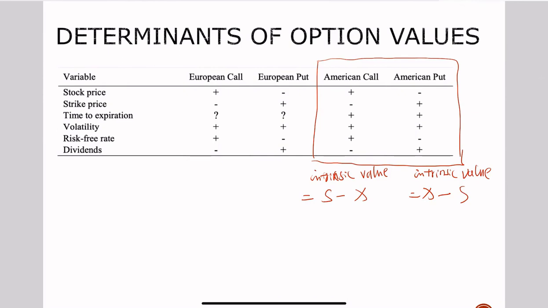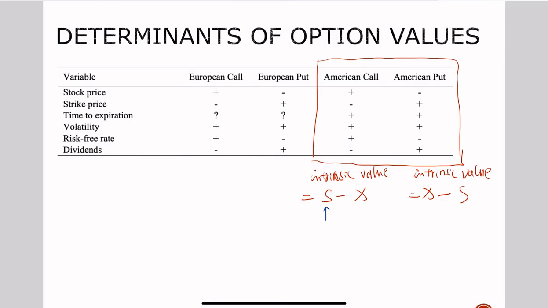Now think about this. If stock price increases, then you can see that the intrinsic value of an American call option will be higher. So this basically tells you that this American call option should be more valuable, right? So its price should increase, right? So that's why you get a plus sign here.